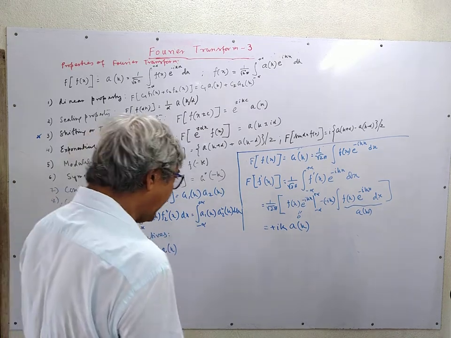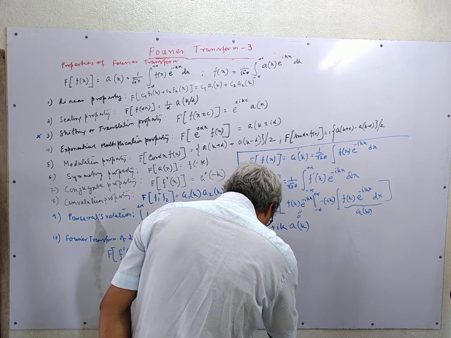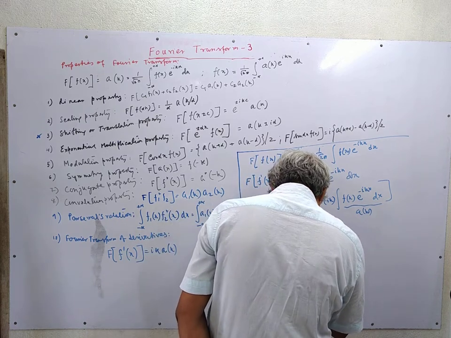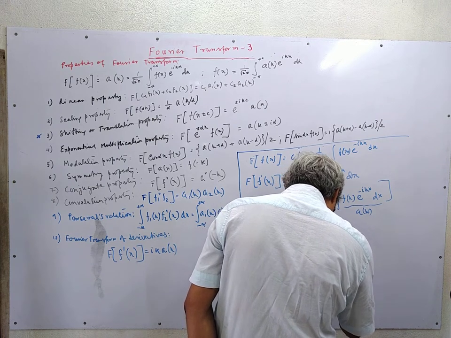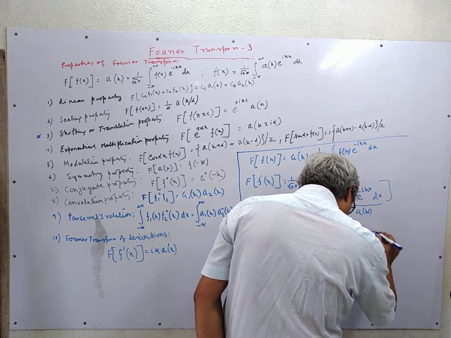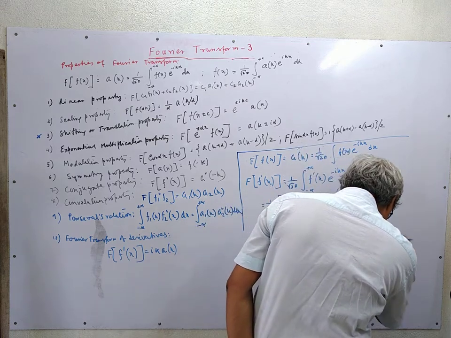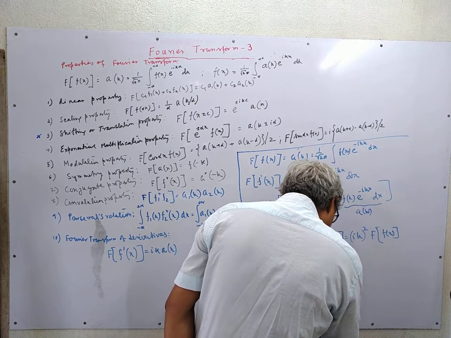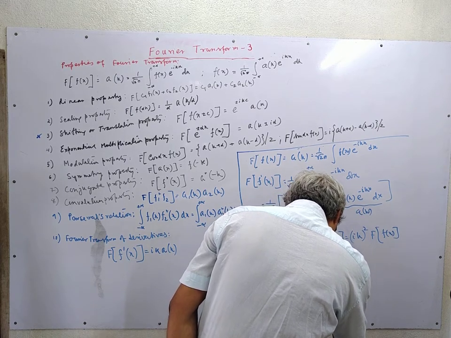Now if we find the Fourier transform of the double derivative of a function, we get ik times the Fourier transform of the first derivative, and then ik squared times a of k. So this is equal to minus k squared a of k.